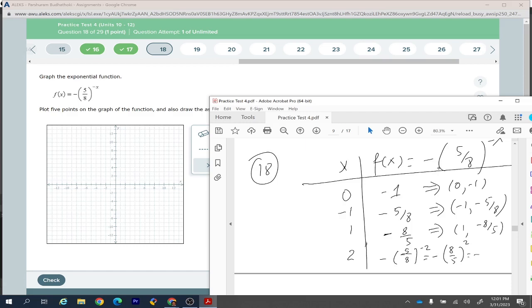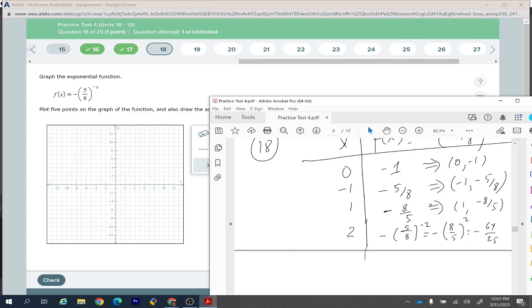Then 8 squared is 64, 5 squared is 25, so that gives you -64/25. Let's do the very last one for -2. Since there is a negative and the exponent becomes +2, eventually that would be -25 over 64, because 5 squared is 25 and 8 squared is 64.